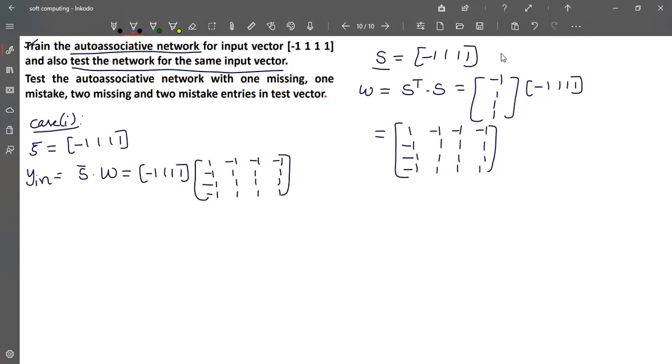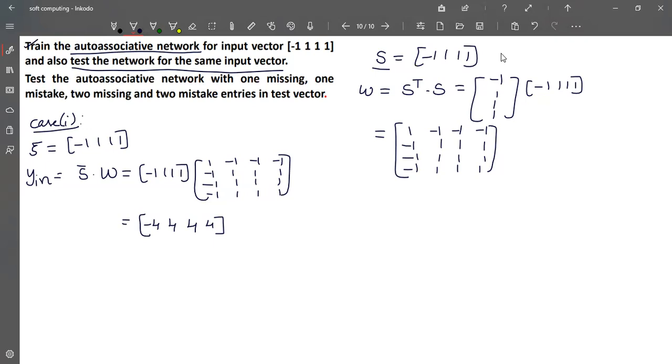If we simplify this, we will be getting -4, plus 4, again plus 4, and again plus 4.